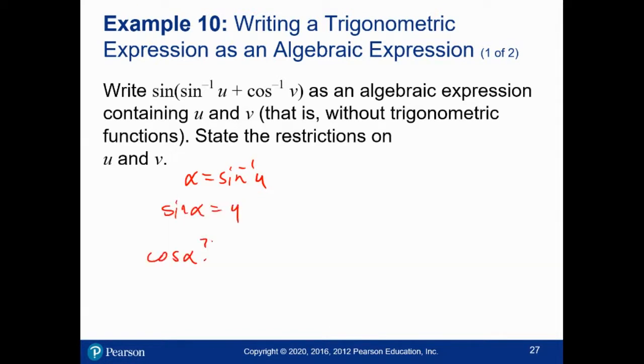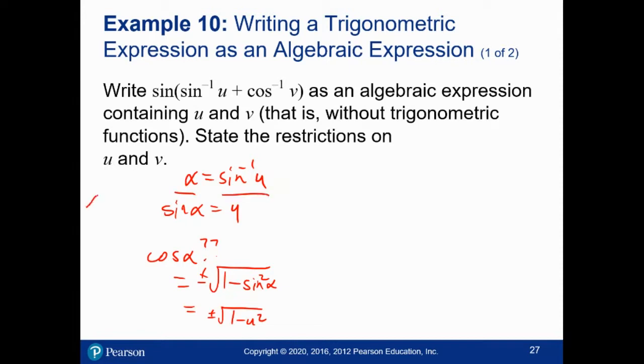What's the cosine of alpha? It's going to be plus or minus the square root of 1 minus the sine of alpha squared. Well, pardon me, sine of alpha is u, so this is plus or minus the square root of 1 minus u squared. But now quadrant restrictions can help us narrow that down.